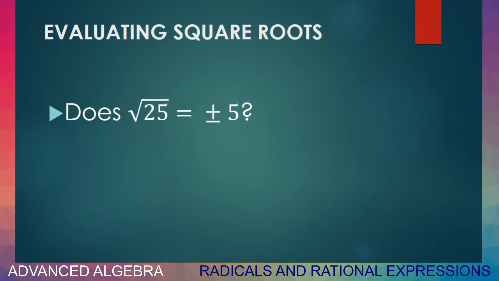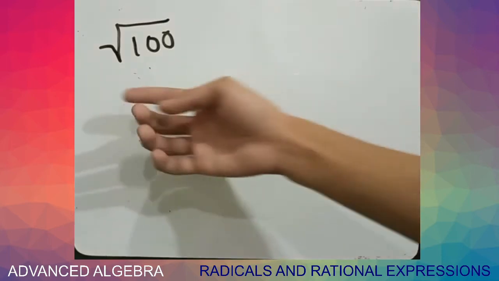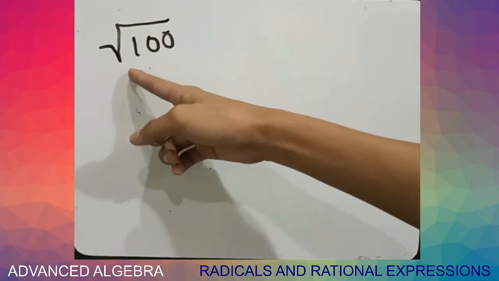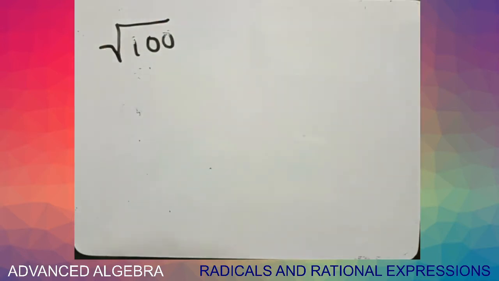Okay? So, let's have an example about evaluating square root. So, okay, let's proceed to our whiteboard. Okay. So, mag-evaluate na tayo ng square root. So, in evaluating radical expression, tinitingnan natin kung yung ating radicand, yung nasa loob ng radical, is a perfect square root.